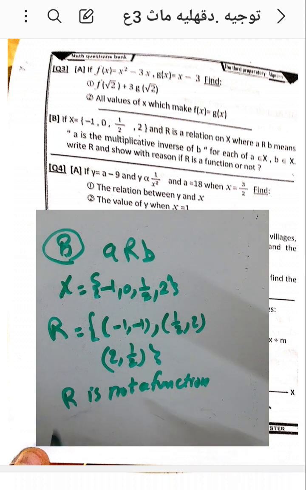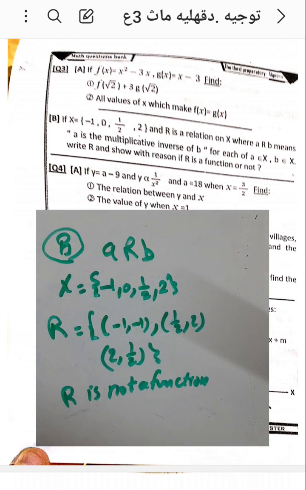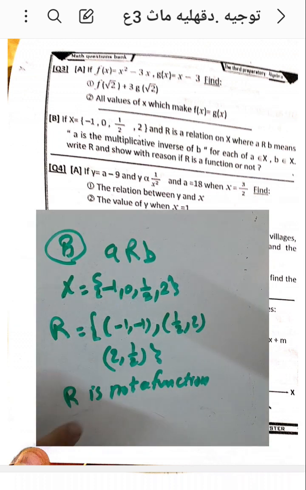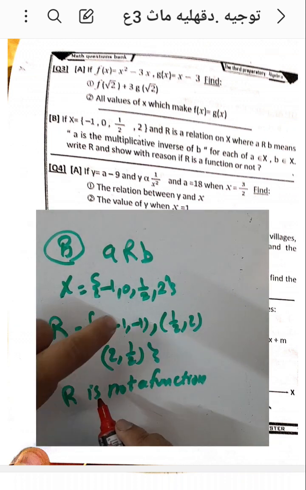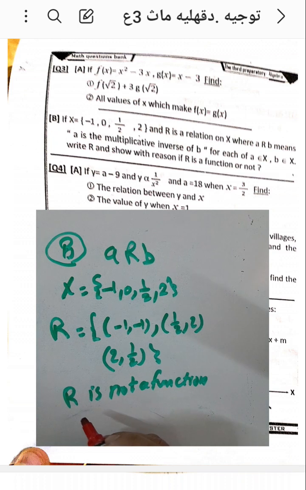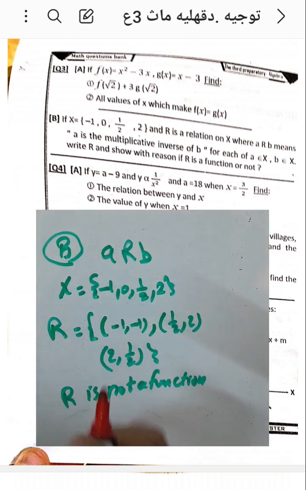R is not a function. Why? Because 0 does not belong to the relation, or 0 does not have a digit, an element or an image in the relation.